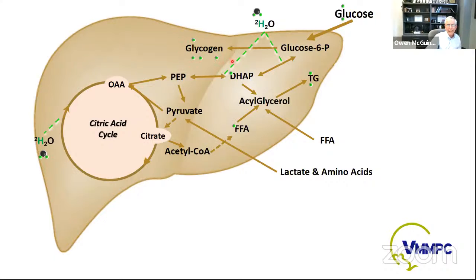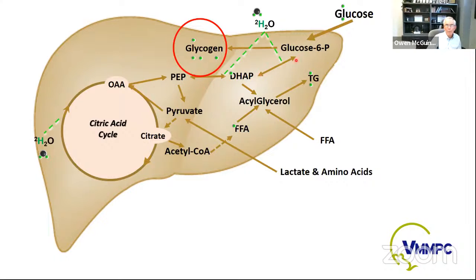If we look at the end of the study, we can look at the labeling pattern in glycogen. Now remember, glycogen can be synthesized from glucose into glycogen. We call that direct glycogen synthesis. But remember, lactate and glycerol are all entering the pathway down here. This gluconeogenic pathway will still be on despite the fact that the liver is in uptake mode.